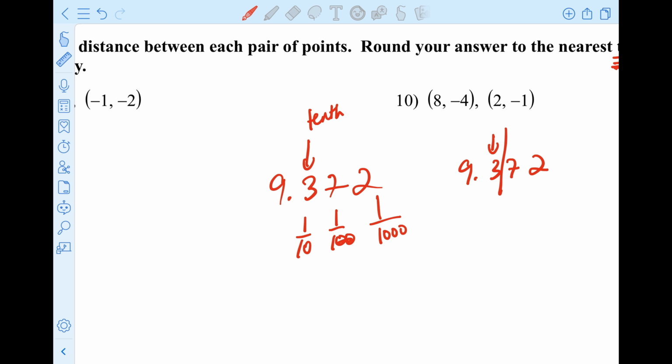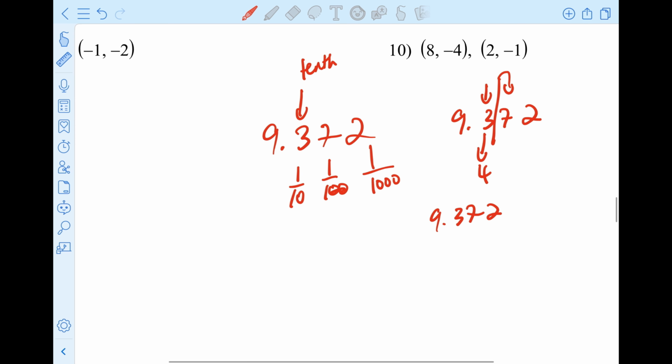What I do is I look to the right of it. This number to the right of it, I say, is it 5 or greater than 5? If it's greater than or equal to 5, then this number 3 changes to 4. So this number, 9.372, rounded to the nearest tenth, is 9.4.